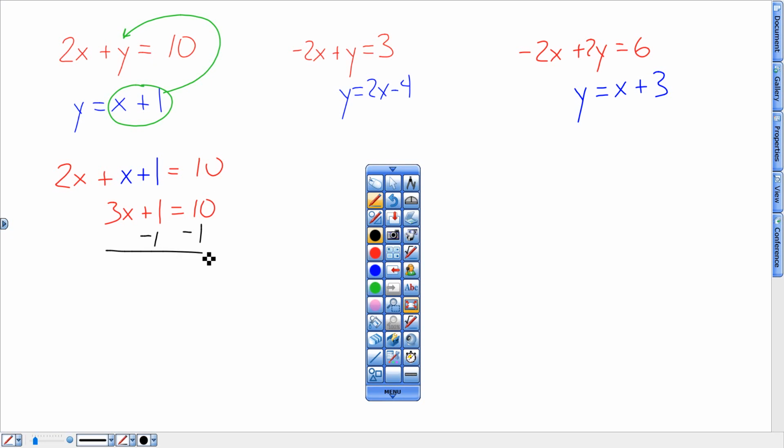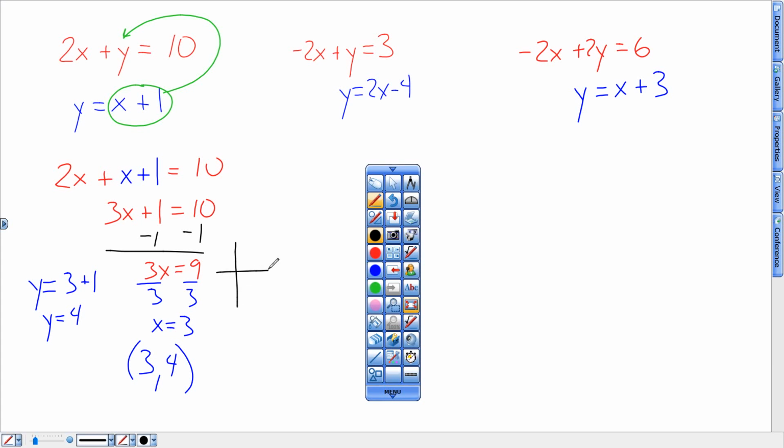I'll show you what it looks like when you're getting that no solution or many. Divide by 3, and you'll get half of the answer. Half the answer is 3 for x. To find that y number, just take that 3, put that where x is, and do the math to solve for the rest. Gives you y is 4. That one solution would be right there. If I was solving this, the math starts to be legit. It works out. If I was to graph this, they would intersect right there at 3, 4.